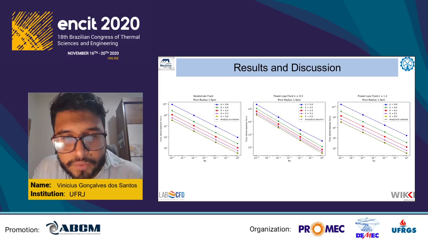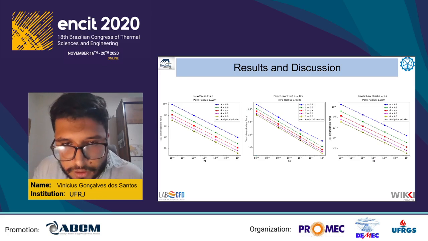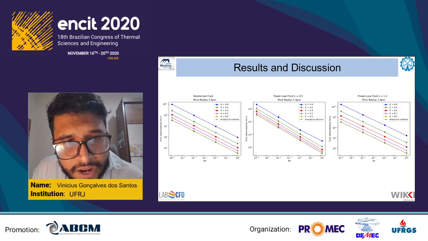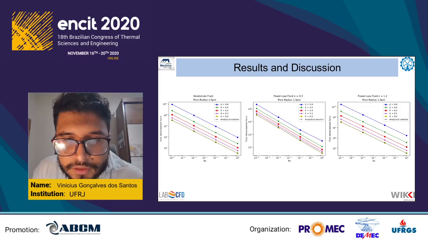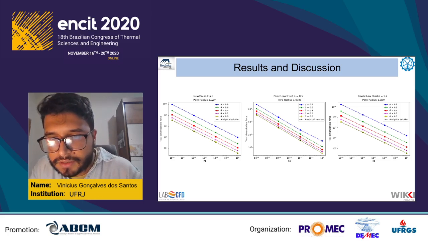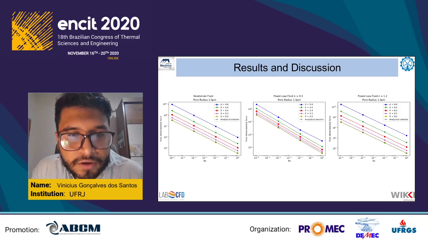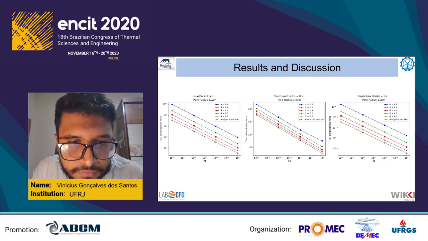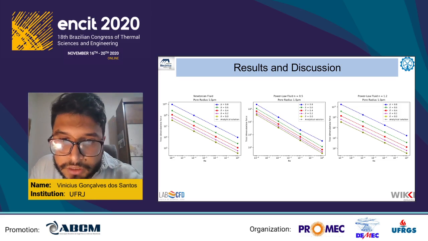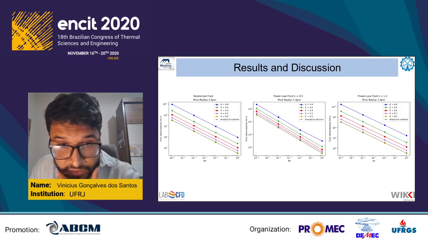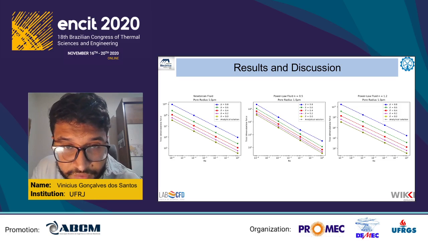In this one, we have 3 graphs, and each graph represents a type of fluid. We can see in these graphs that we have a good agreement with the analytical solution. The analytical solution and the cylinders used in the numerical solution are in perfect agreement.